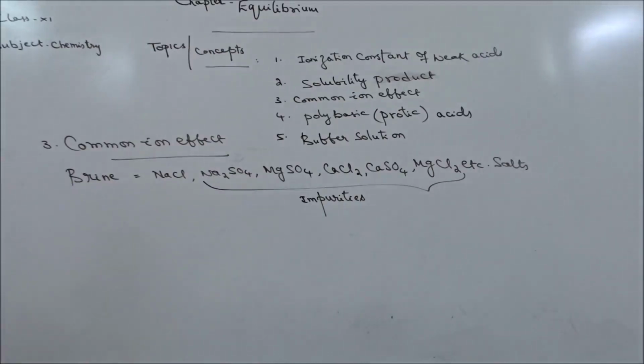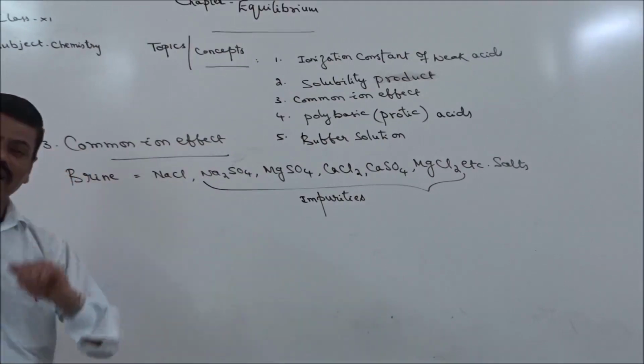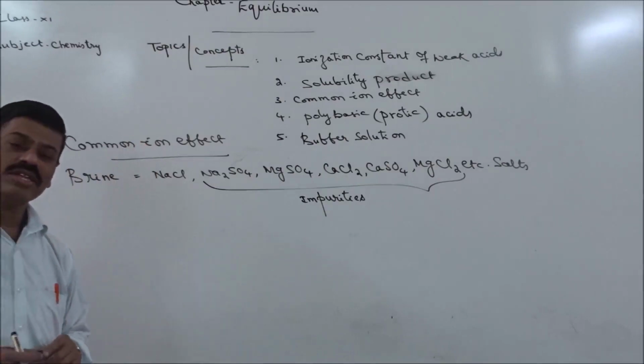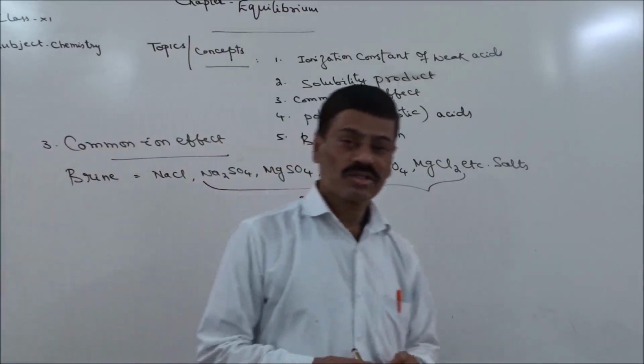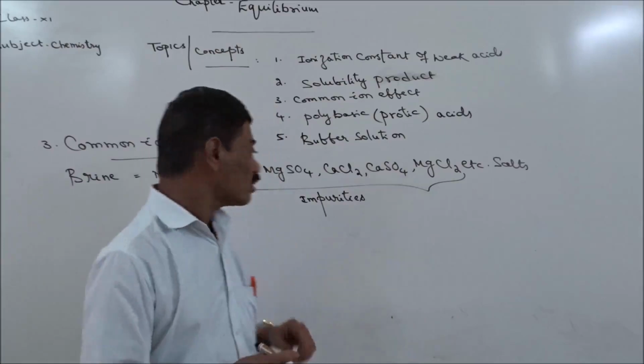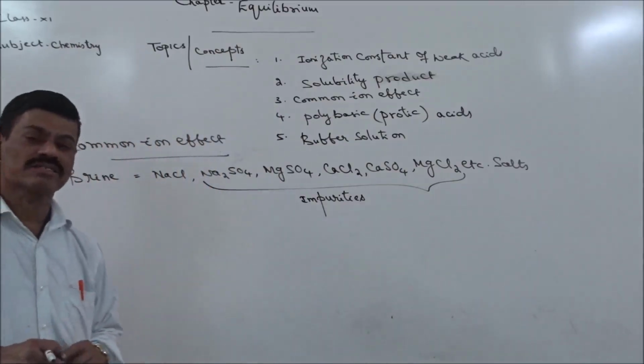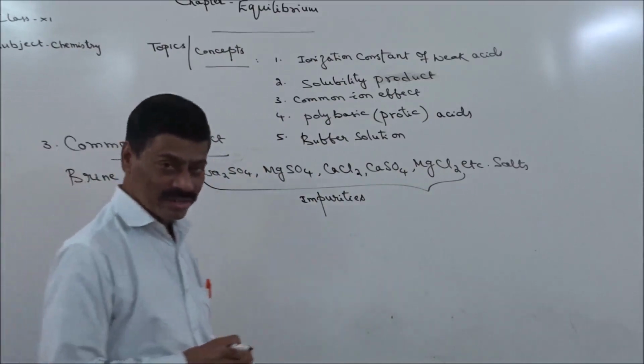When all these impurities are removed, we will get pure sodium chloride. For this purpose, this common ion effect phenomenon is used. Right? So big industries are using this phenomenon to make pure sodium chloride salt, which is fit for our consumption.